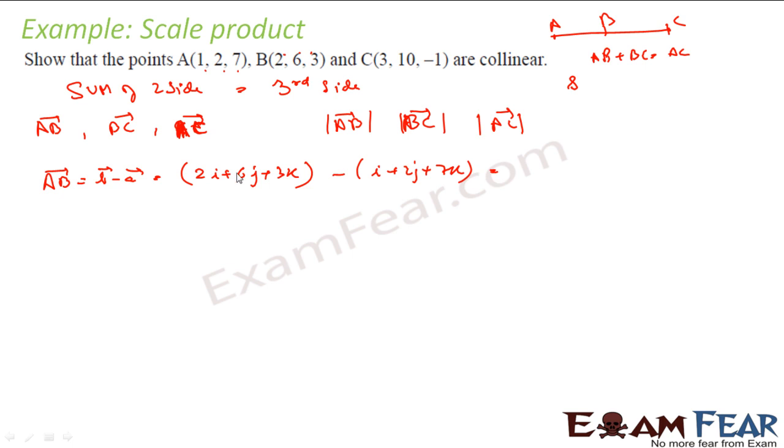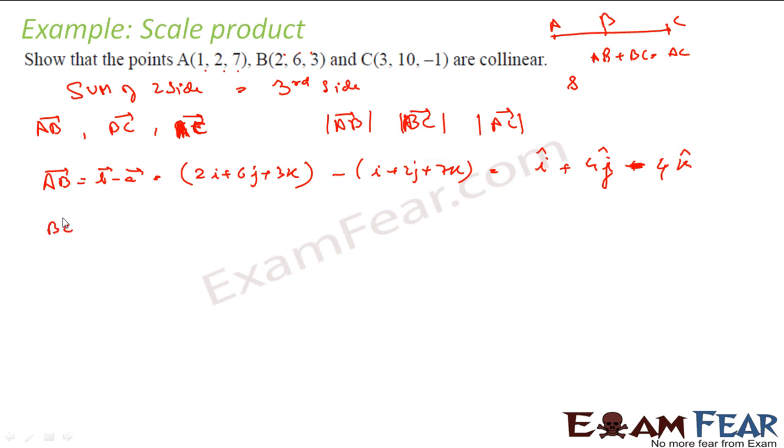Correct? And that is nothing but 2 minus 1 is 1, that is i, plus, let's take the j part, 6 minus 2 is 4, 4j. Let's take the k part, 3 minus 7 is minus 4, minus 4k. So this is my AB vector.